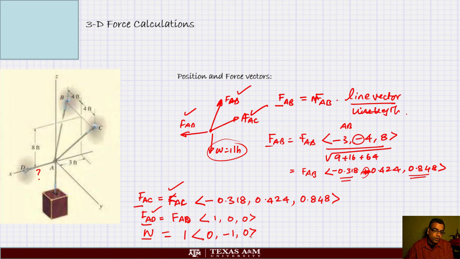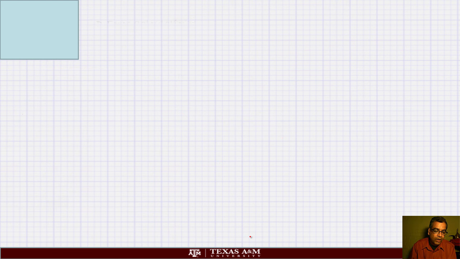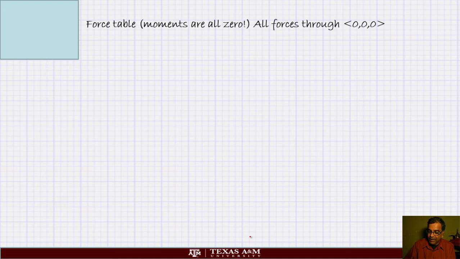So that's it. Off we go and we are ready to create the force table. In this particular case, our force table is pretty easy because all the moments are 0, because all the forces go through 0, 0, 0. So in fact, that's one of the nice advantages.